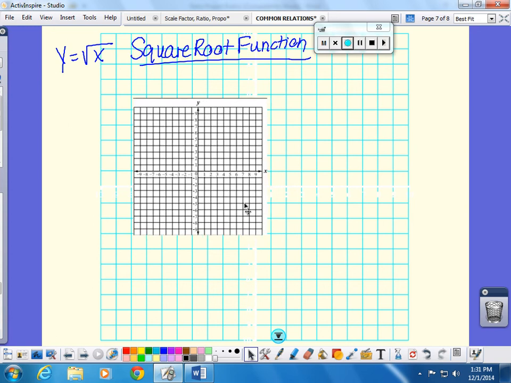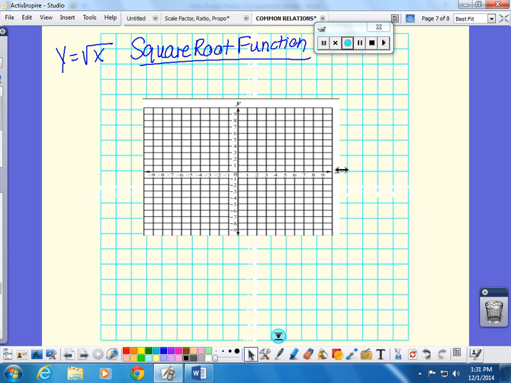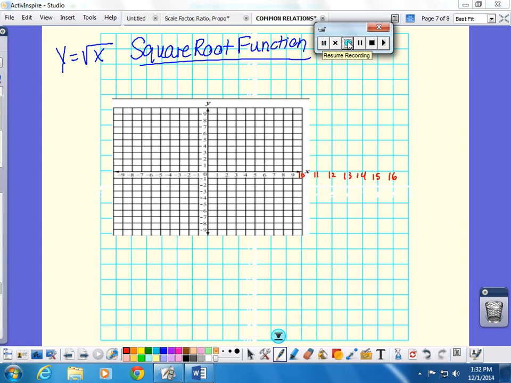If I'm correct there, we drew it across 16 and we just went up 4. Alright, so I'm numbered to 16 here and I'm up to 4 also.